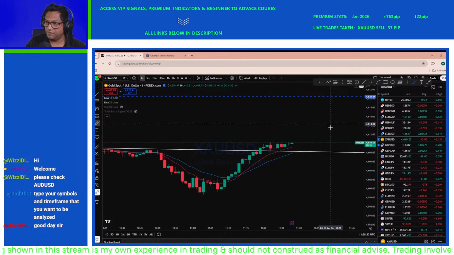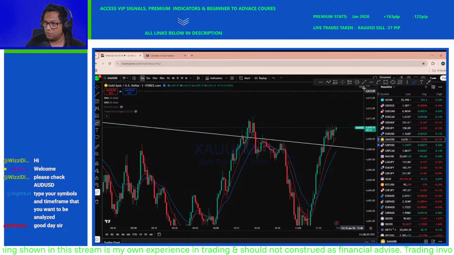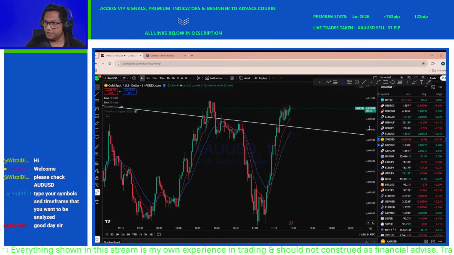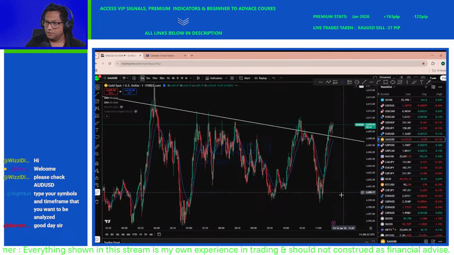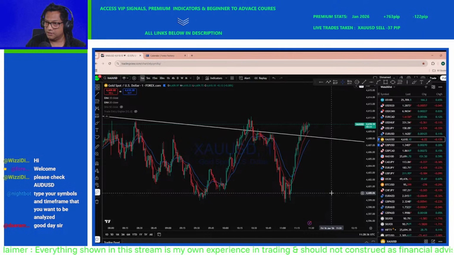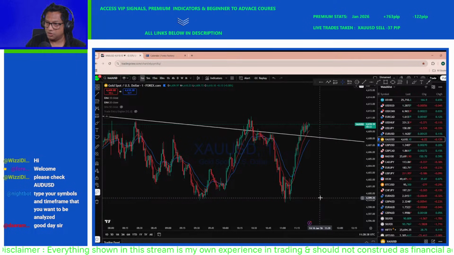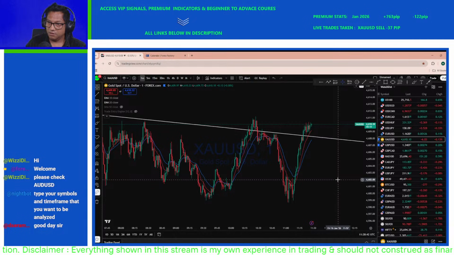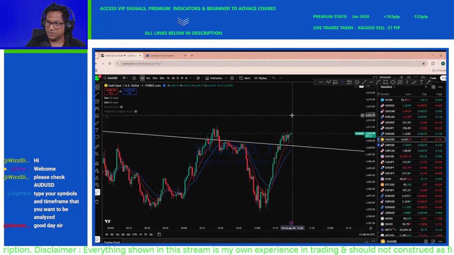Let's say if we straight drop again back to another order block, if you look here, in the previous move the market dropped to the order block, and from the order block it reacted back to the upside here.